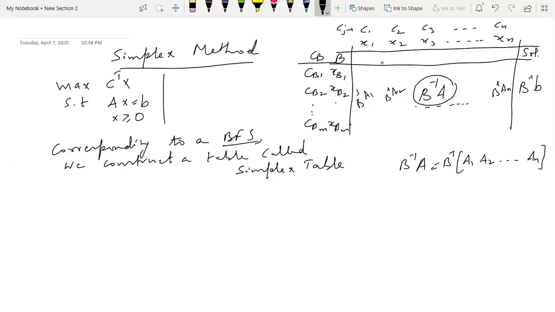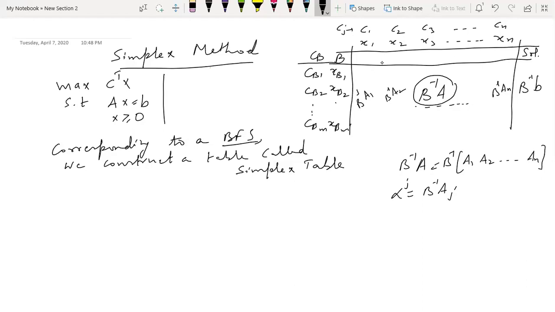Then of course we defined another notation for B inverse aj, which is alpha j. So alpha j is my B inverse aj. One must note that alpha j is not alpha power j. It is just a notation: B inverse multiplied with the jth column is denoted by alpha j.